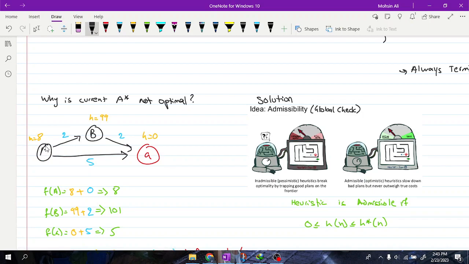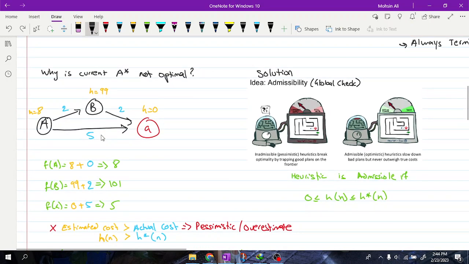And what I mean by a pessimistic heuristic is that you overestimated your shortest distance from A to G, right? You said this shortest distance from A to G could have been much lesser than 99, right?